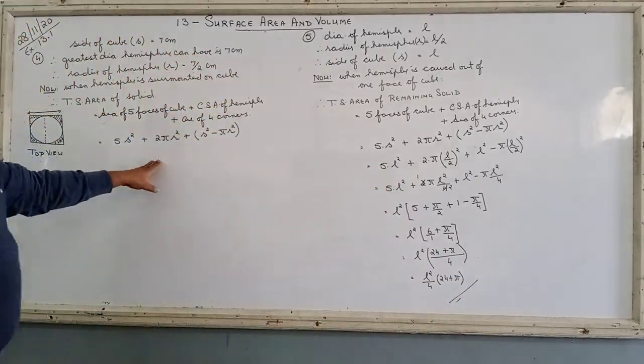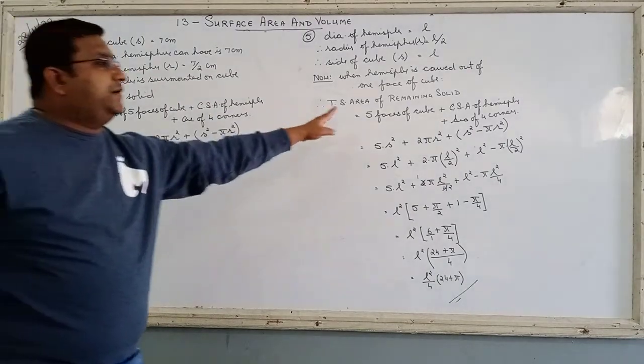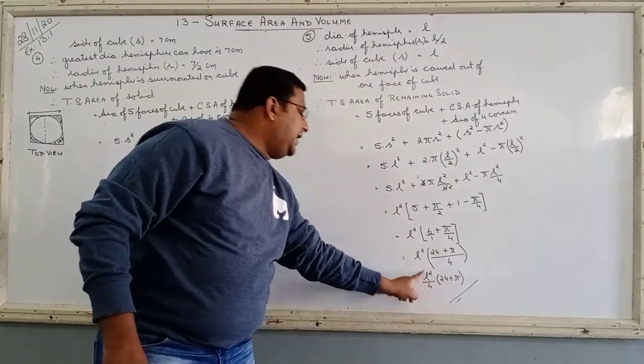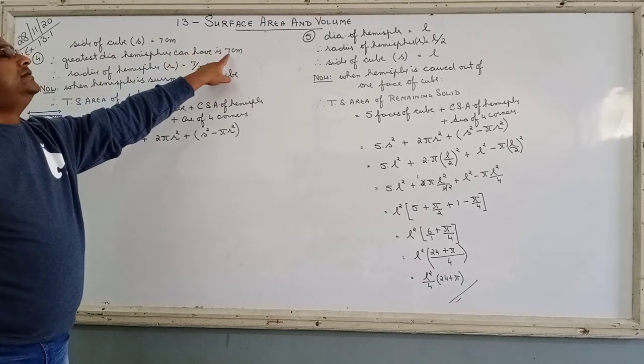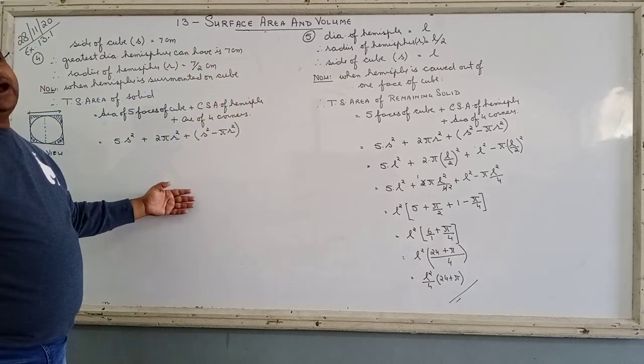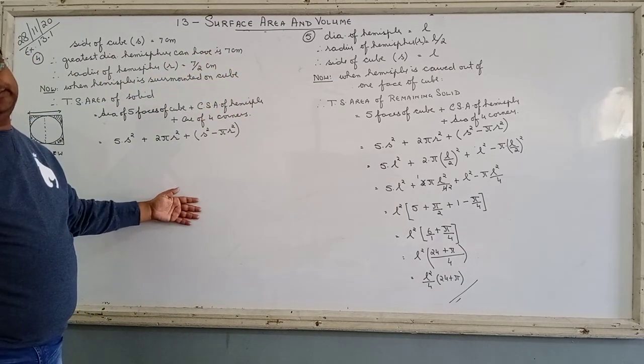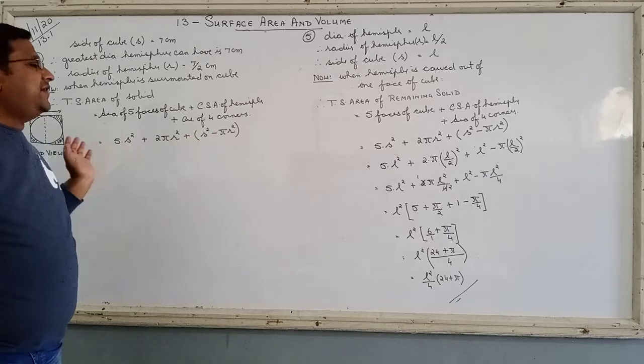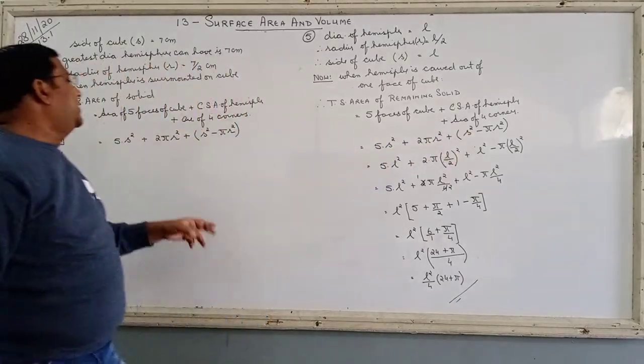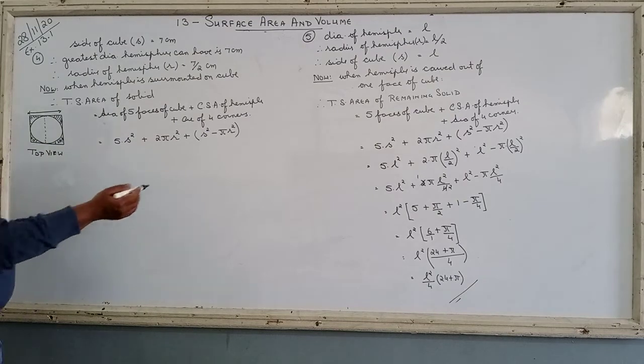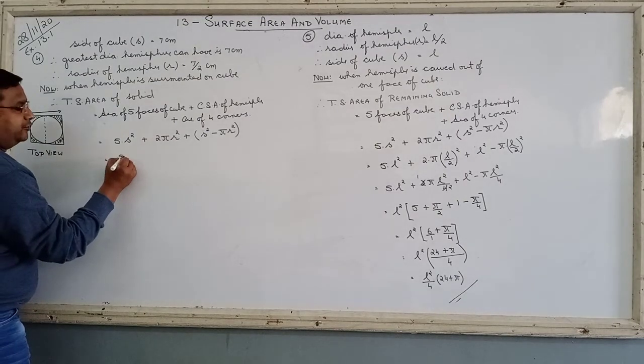Now in this question, when we solve it, this is the statement we are going to get. In place of L, if I substitute 7, we will get the answer for this question. Clear? Same way, here we have taken L square common, here we will take 7 square common. It gives us the same result. 5 into side.